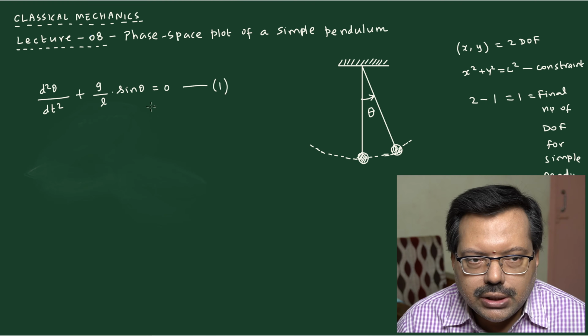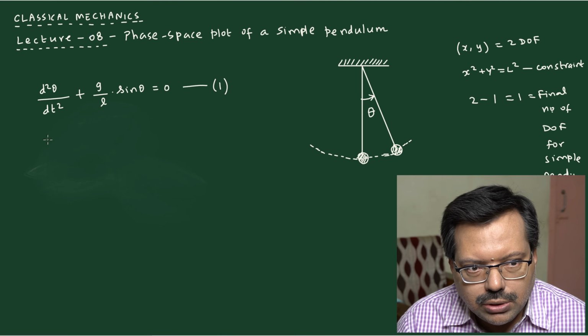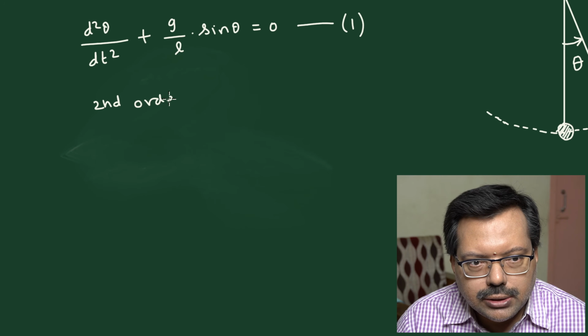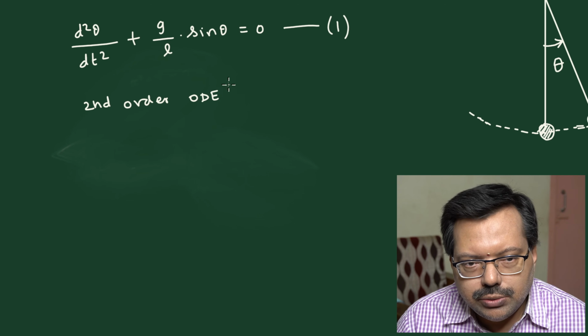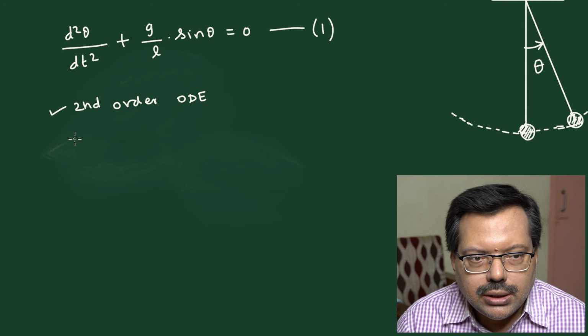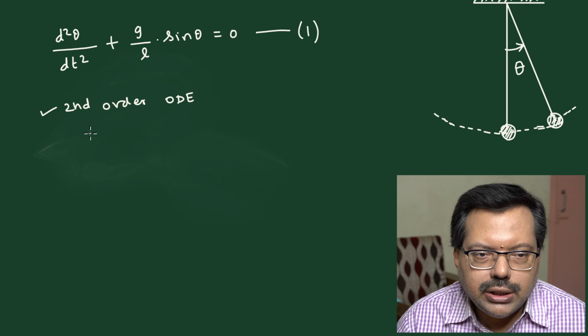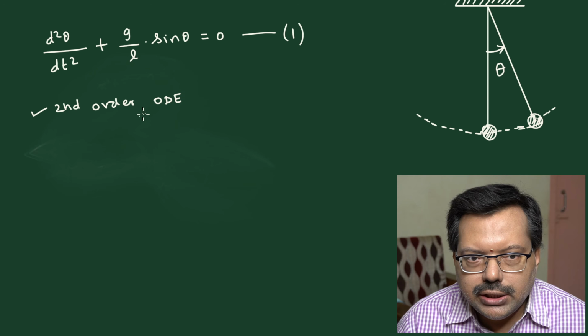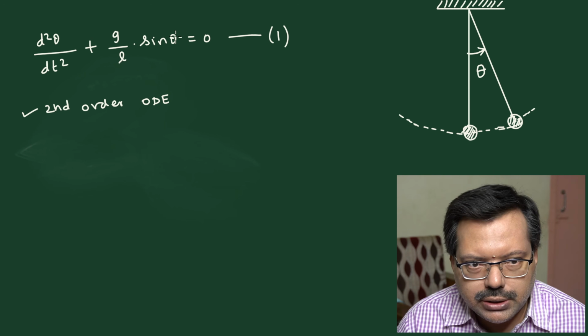So we have an equation like this. The first thing that you will note down is that this is a second order ordinary differential equation, and that is clear to you. The second point which is also clear is that this equation is non-linear because of the sine theta present in the system.